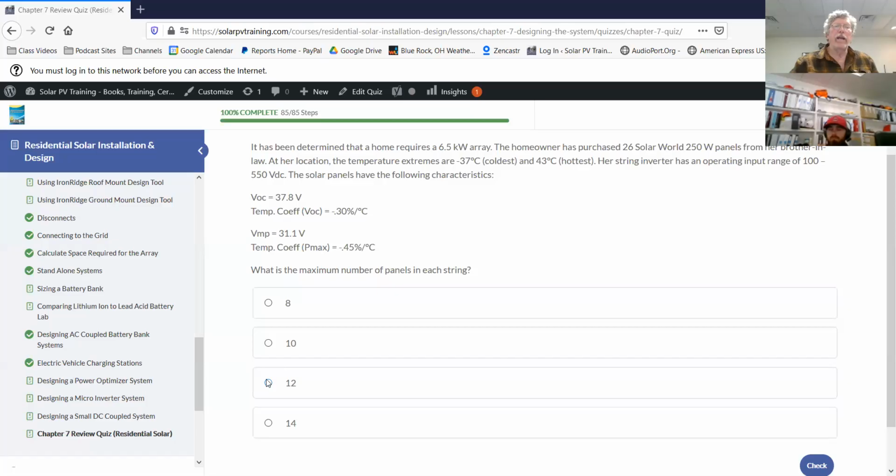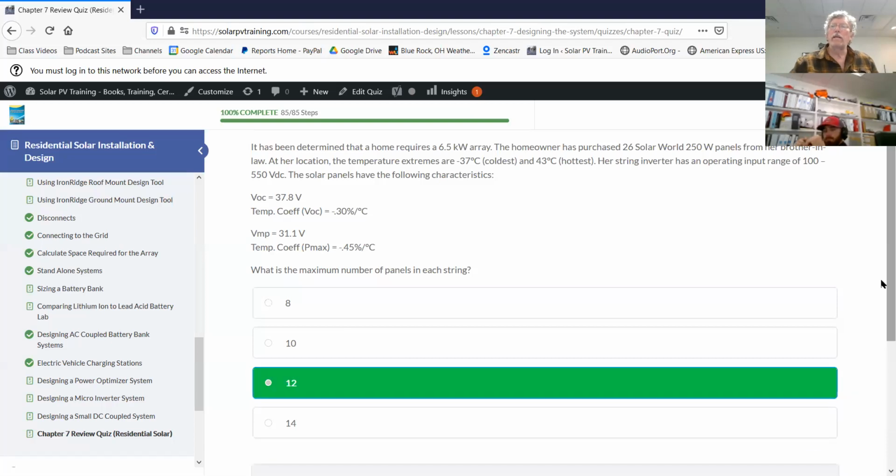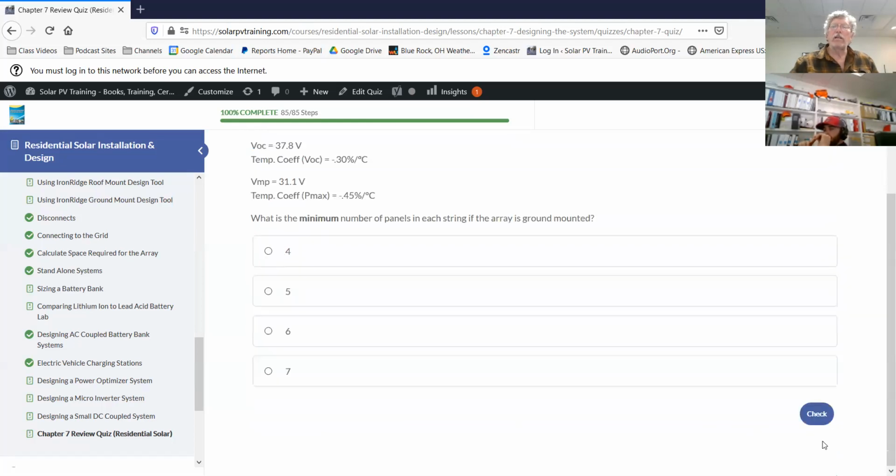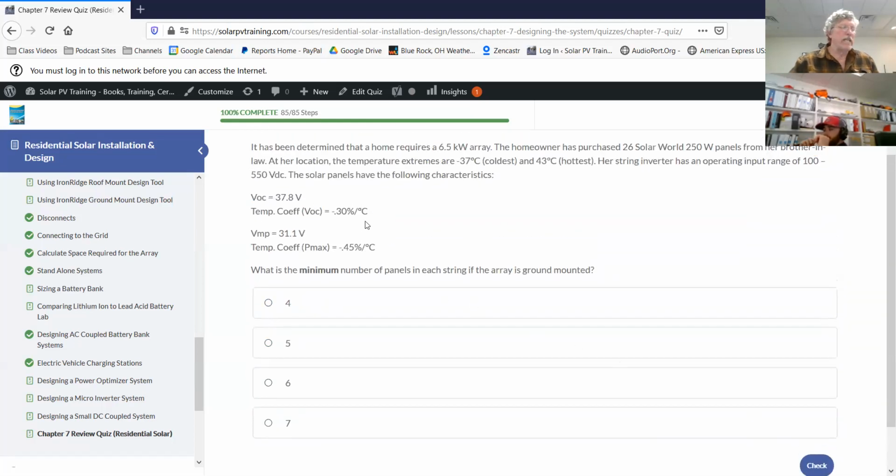Let's see if I've done it right. I'll select 12. And lo and behold, we are correct. And in here, it's got all of the equations there. Now it's asking me, okay, well, what about on the hottest day ever? What is the minimum panels?